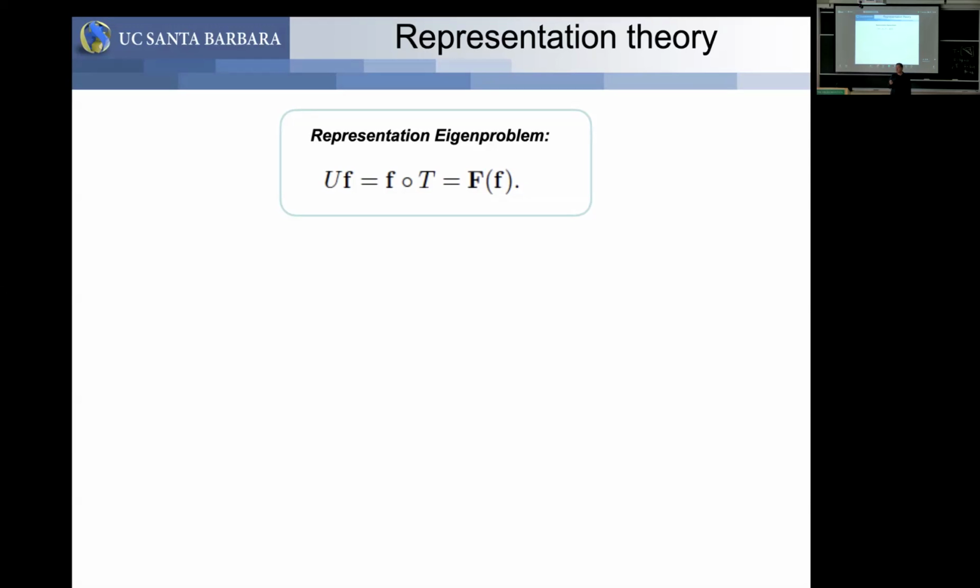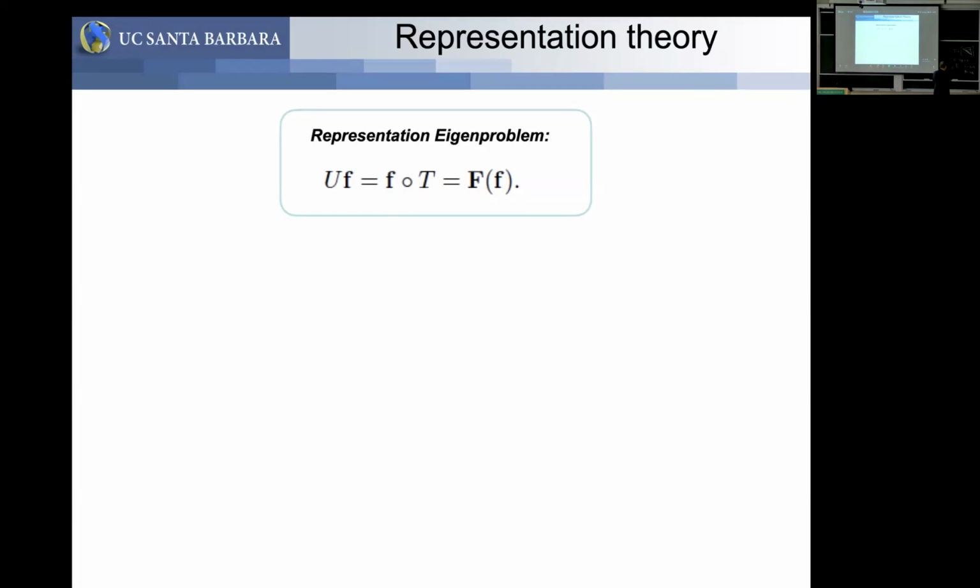So you can ask, well, is there a finite set of functions, a vector of functions and maps, possibly nonlinear, such that the action of the operator on that set of functions is a nonlinear or linear map from that set of functions to its own space? This is a closure problem in Koopman form.